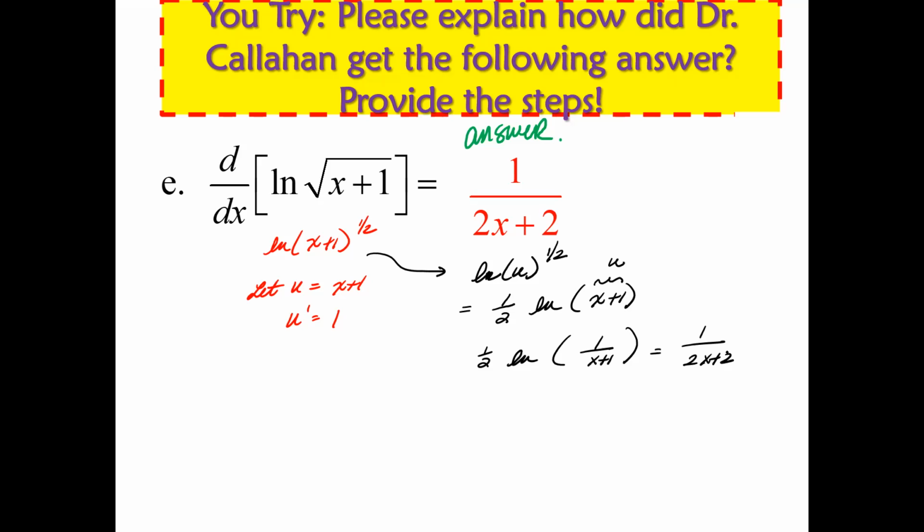And remember, your derivative of ln u is equal to 1 over u times u prime. So when I replace this, be careful with the ln u part, it's 1 over u, which is 1 over x plus 1 times u prime, and u prime, as we know, is just 1. But then don't forget the 1/2 there. So your 1/2 has to be distributed into the 1 over x plus 1. And this is your answer.